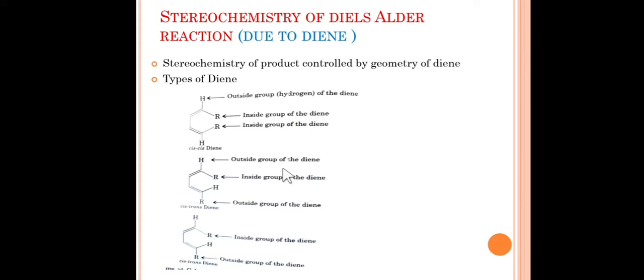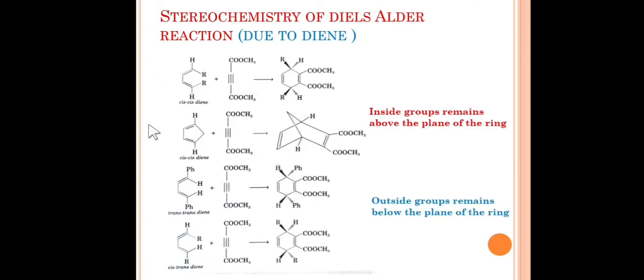So friends, let's see one example in which we have different types of diene and how they give us different types of product. Remember one thing, the inside groups always remain above the plane and outside groups always go down the plane. We are only considering the stereochemistry by dienes. We have such examples that there is no stereochemical conflict with the dienophile.